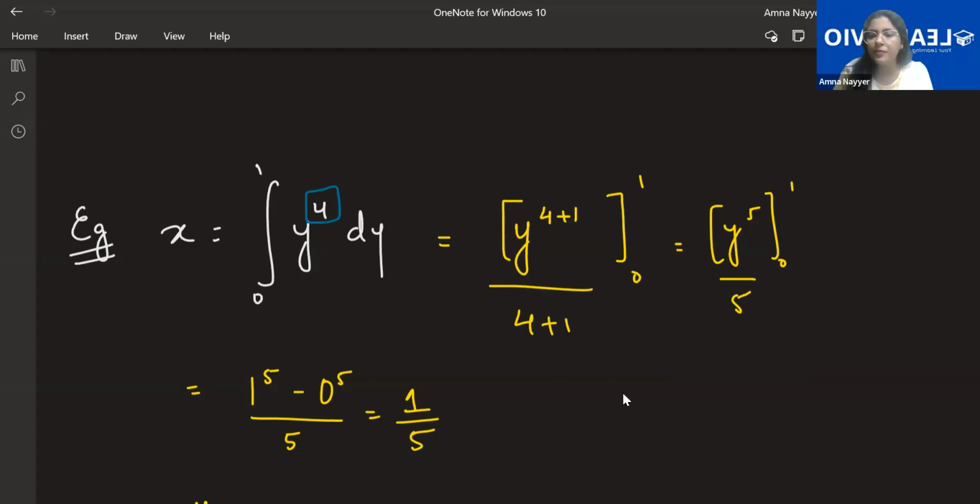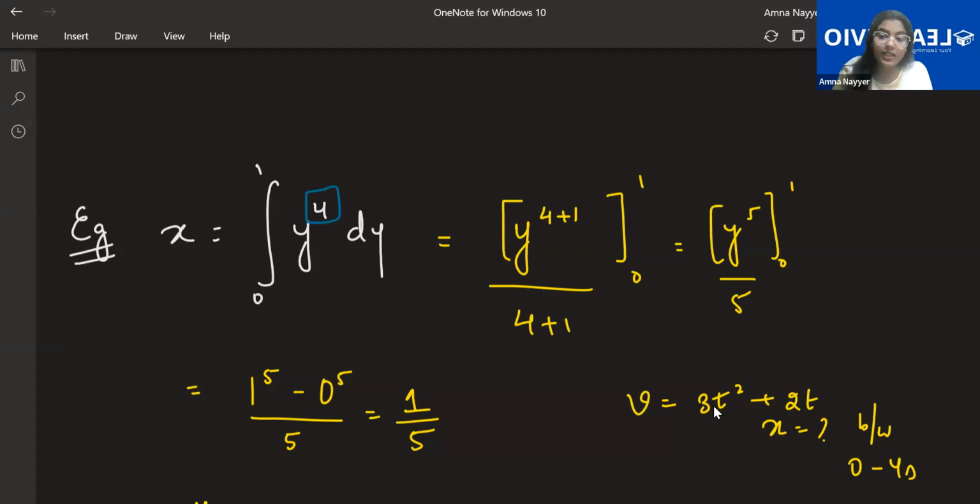Suppose you have velocity's equation as 3t square plus 2t, and displacement is asked between 0 to 4 seconds. Suppose a question is there, v is 3t square plus 2t, displacement is asked. Now see, there is a difference.